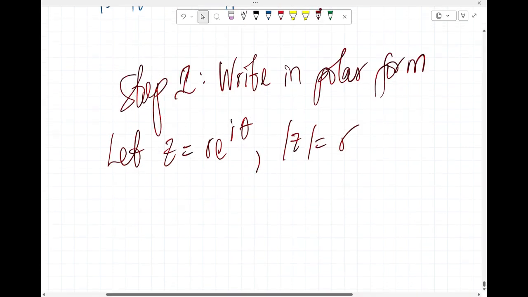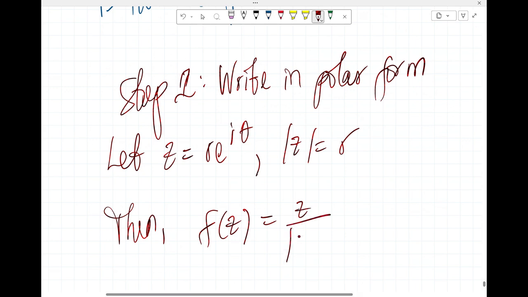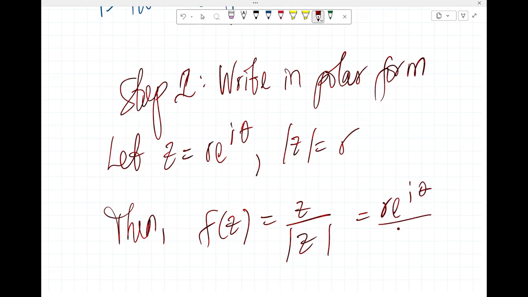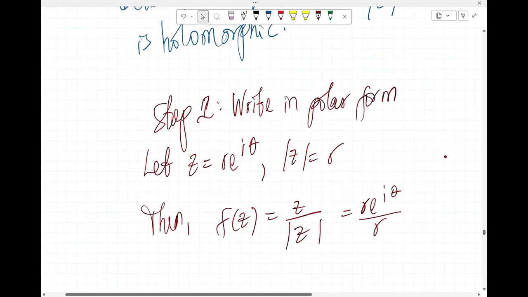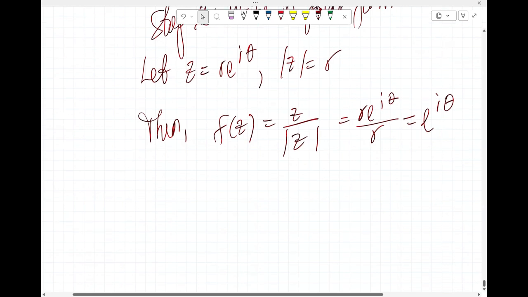That's established. Then f of z equals z over absolute value of z is actually equal to r e raised to the power i theta all over r, which is simply e raised to the power i theta. So you see, this makes it pretty simple, and then you can move on to other things.